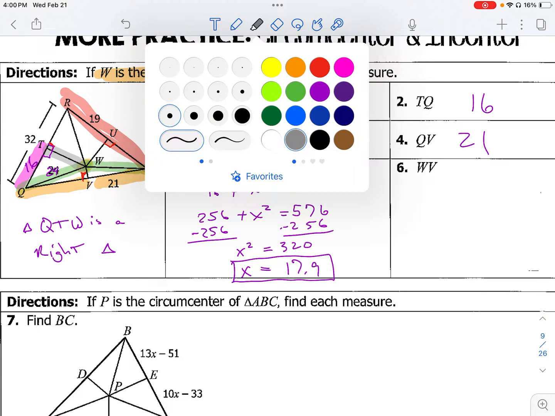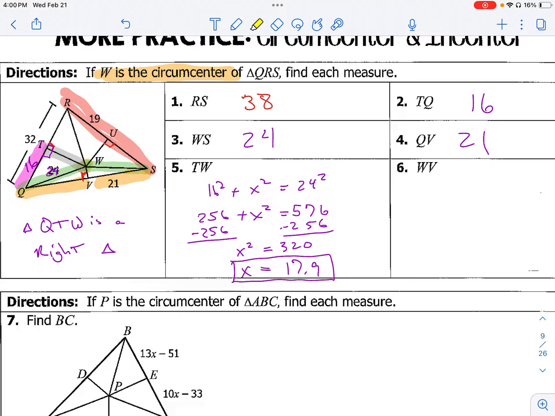VW, let's go with yellow. Where's VW? It's right here. This little short guy. Also a right triangle. So here we got 24, we got 21. 24 is still our hypotenuse. So we're going to do x squared plus 21 squared equals 24 squared.